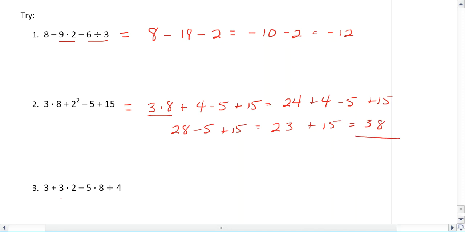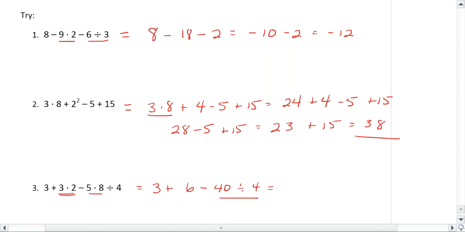On example 3, again, this multiplying comes first. And don't be tempted to divide this and then multiply by 5. We come to this multiplying first, so that has to be done before the dividing. So leave this 3 alone. 3 plus this 3 times 2 is 6, minus the 40 divided by 4.